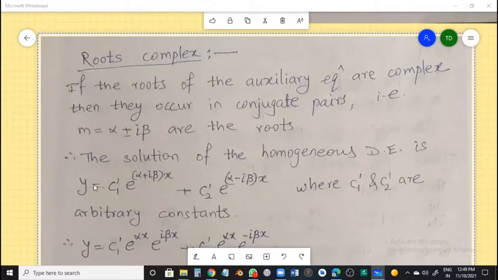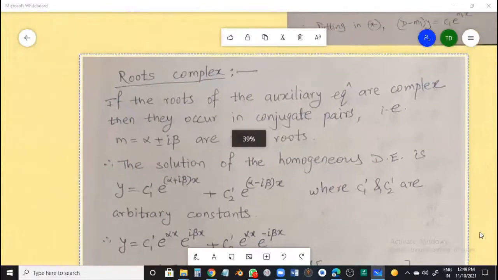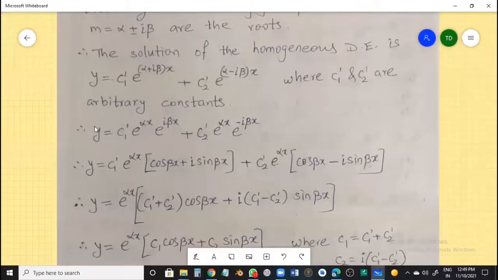So what happens next is, by the rules of indices, we can write it as C1 dash e raised to alpha x into e raised to i beta x plus C2 dash times e raised to alpha x into e raised to minus i beta x. e raised to i theta is the complex exponential form.